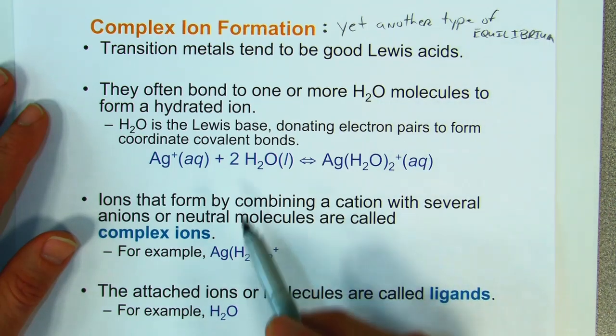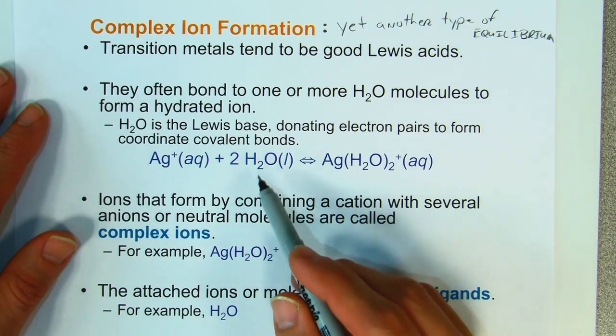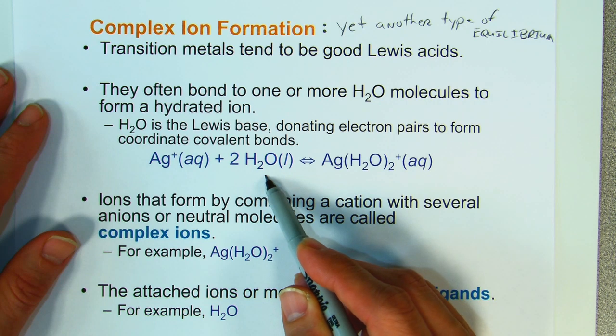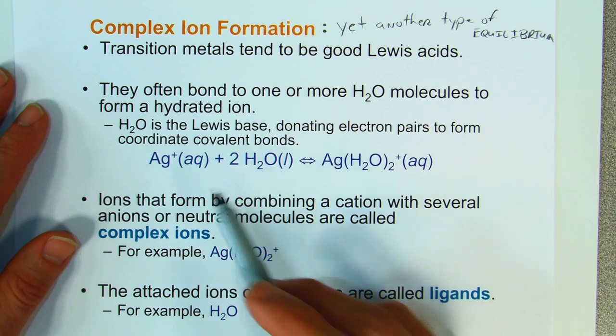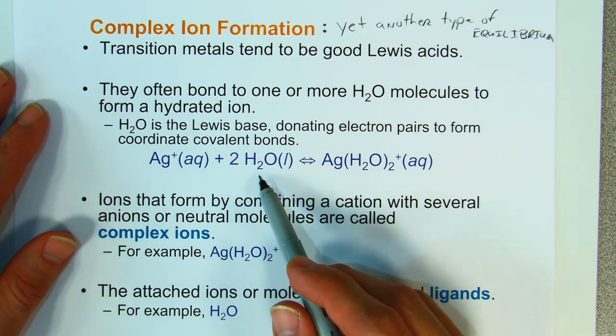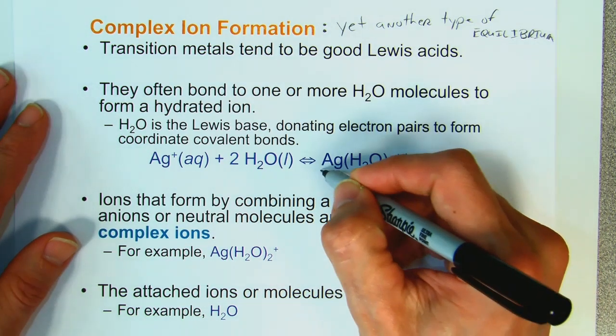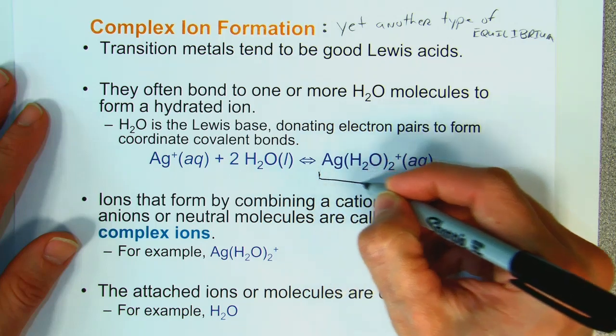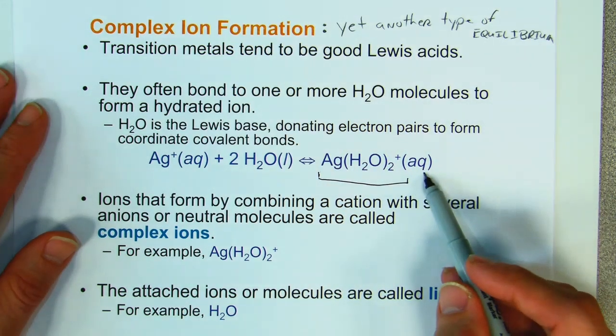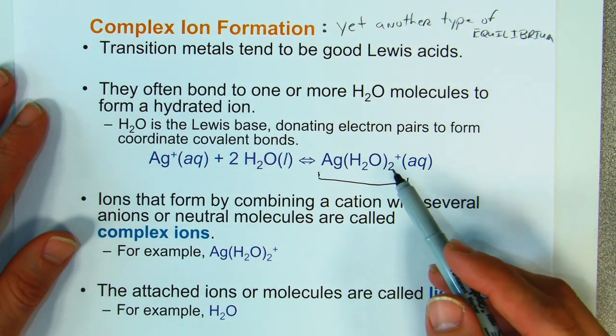This can occur, as this reaction shows, using water as our Lewis base. In this particular case, we've got our silver ion reacting with 2 copies of water to form this substance. Look carefully at that for a second. First off, it's aqueous, it's dissolved in water.